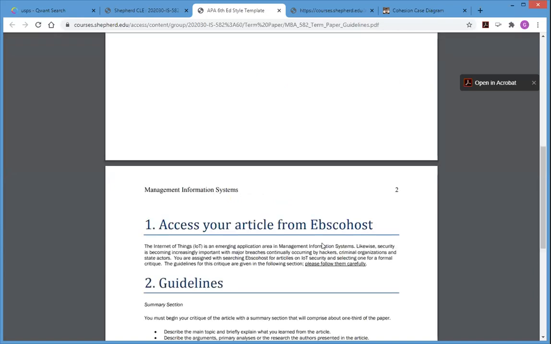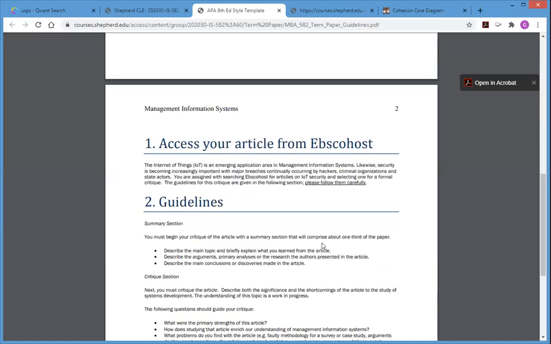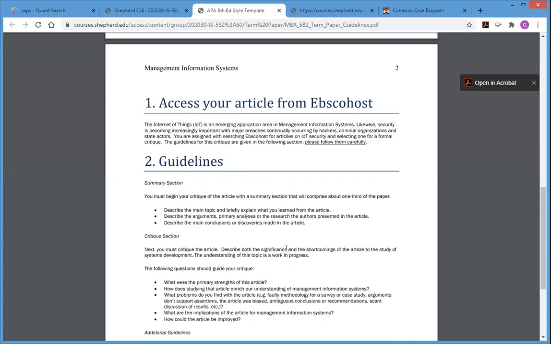You're going to use the electronic library that's available from the Shepherd University library system, and you'll select an article on the Internet of Things. This is an emerging area in management information systems. You'll select an article from the articles that are available in EBSCOhost about the Internet of Things.